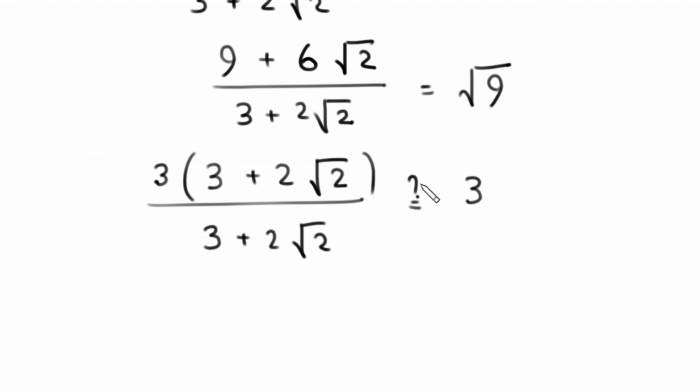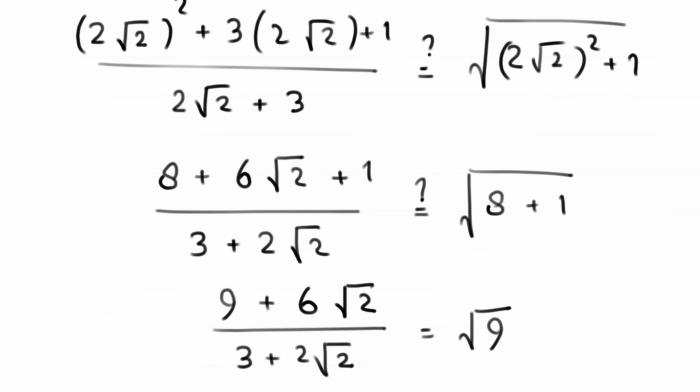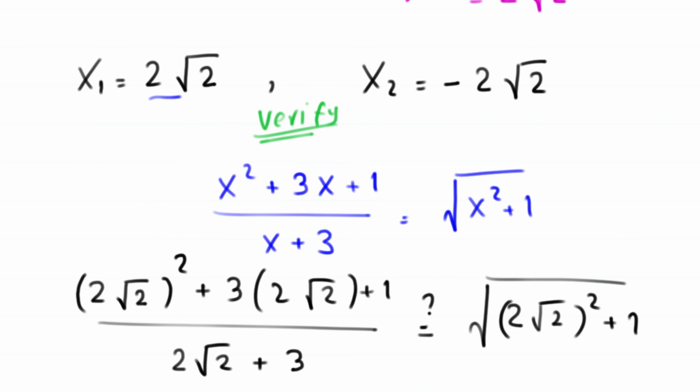On the left hand side this expression cancels out with the denominator, and we are left with 3, which is equal to the right hand side 3. You can see that the left hand side is equal to the right hand side, which means that the first solution, x equal to 2 root 2, is a valid solution.